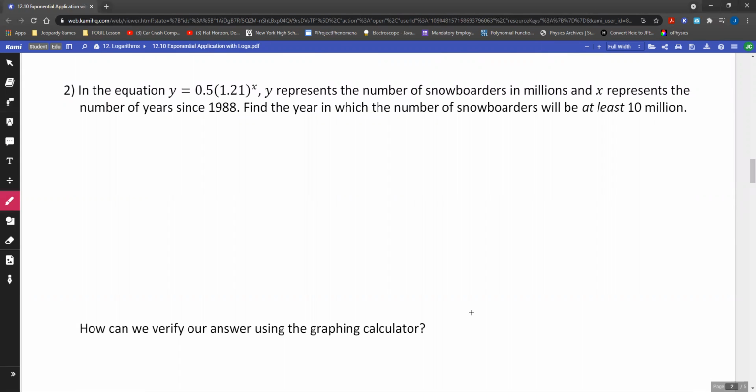So they give us this, and they want to know when will the snowboarders be at least 10 million. Now, one thing to note is that this 0.5 is in millions already. So when I use the equation, I'm actually just going to put 10 here. Do the same thing, divide both sides by 0.5.